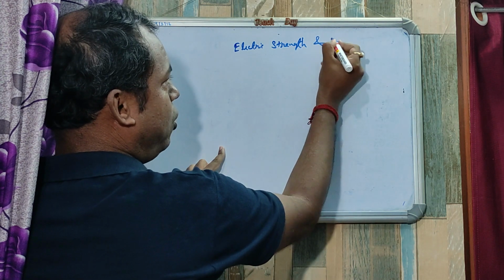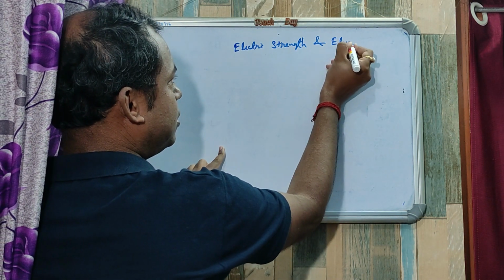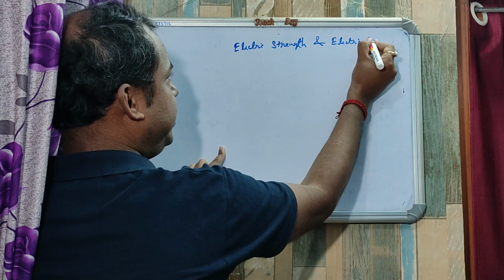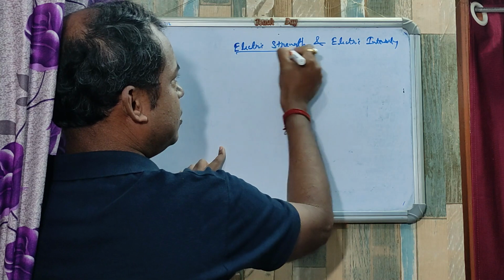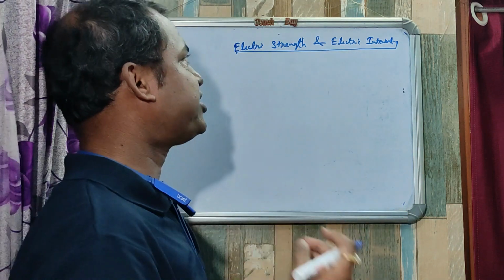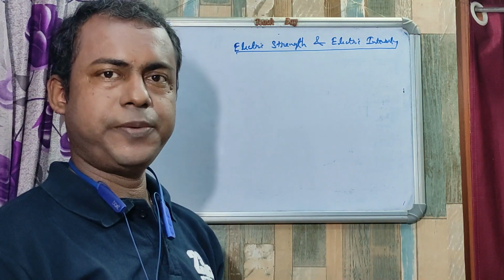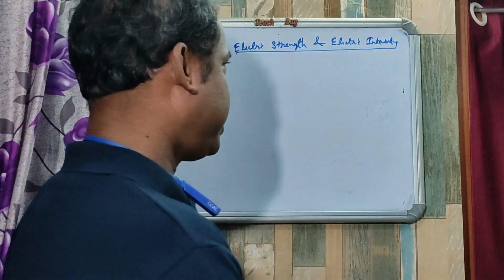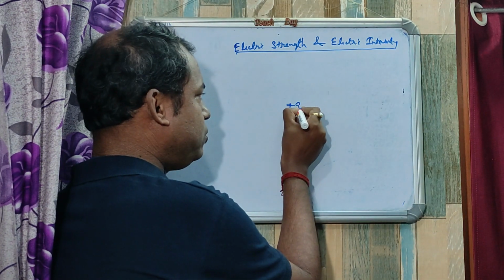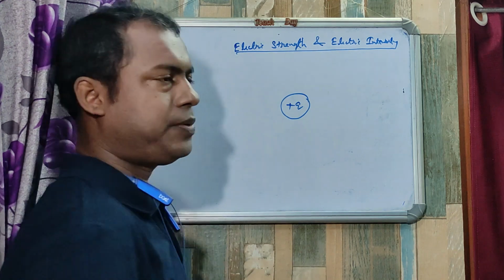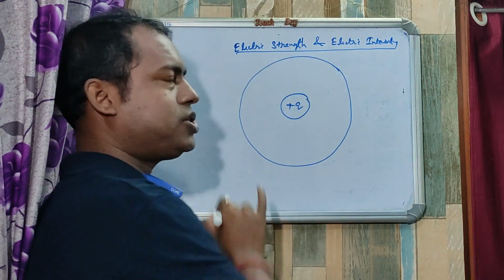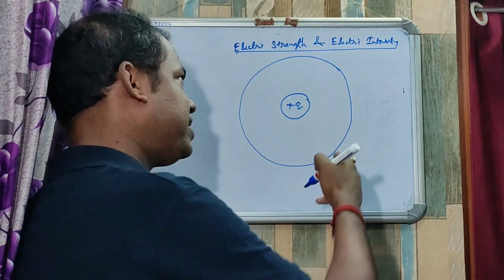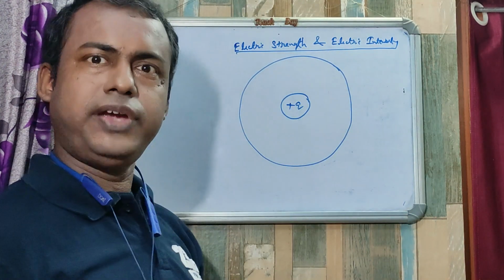So what is the electric strength or electric intensity? We recapitulate once again. A plus Q charge is placed there, and around it there is a change of properties. This change is called the electric field.